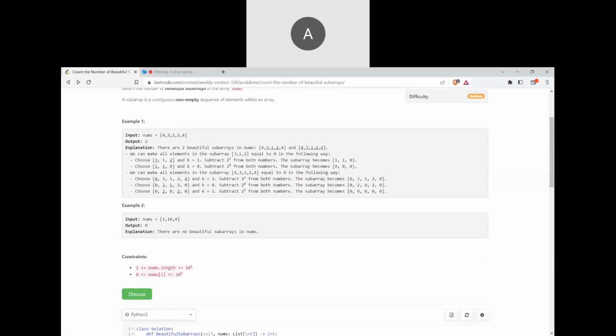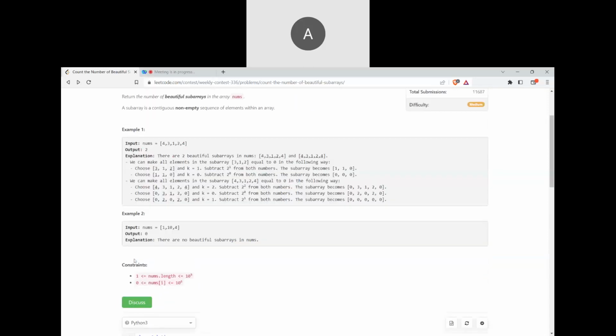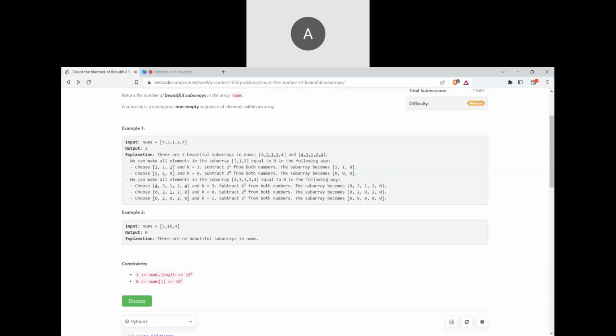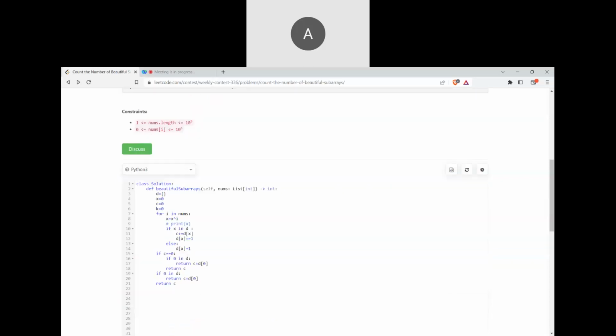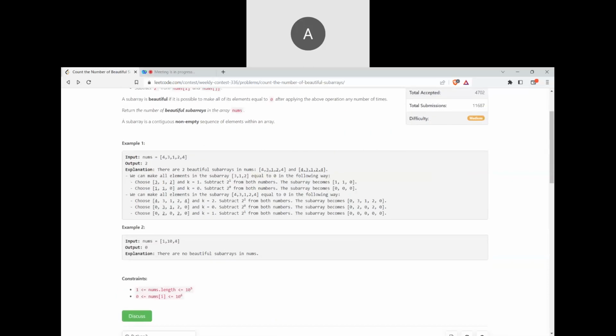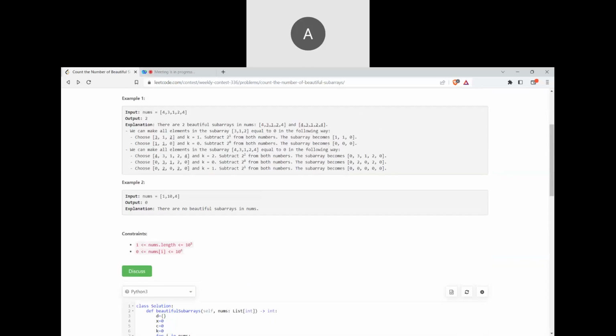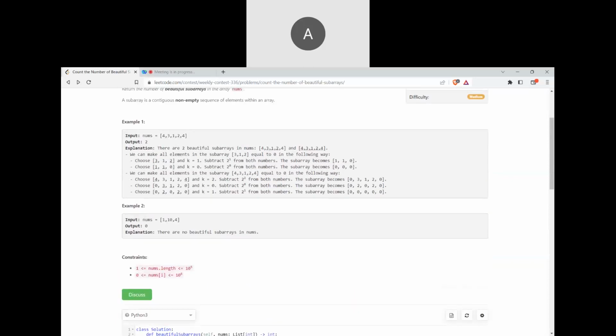So what we can do is use the bitwise XOR operation to find how many beautiful subarrays the array has. First we declare, in Python, a dictionary, and we take a variable x equal to 0. While iterating through the array, we do x equals x XOR the element at this index.